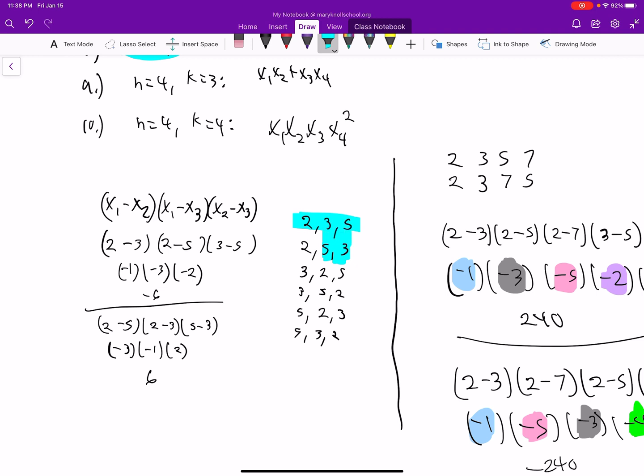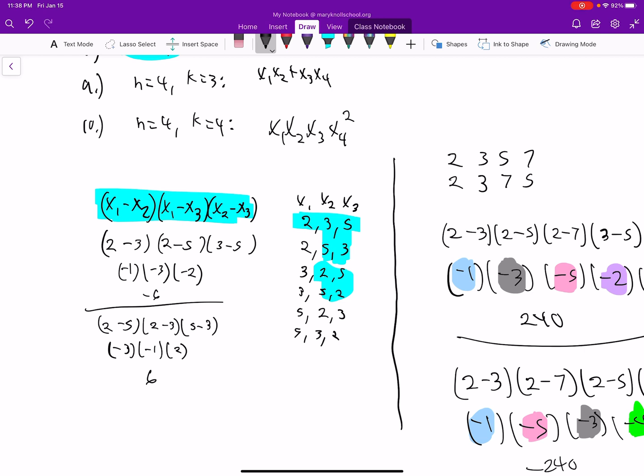So 2, 3, 5, 2, 5, 3, 3, 2, 5, 3, 5, 2. So again, these just got switched. And 5, 2, 3, and 5, 3, 2. And so those are all of them. If you were to test them all out, you would get either a positive 6 or a negative 6 when you plugged them into this equation. So again, this is x1, x2, and x3.